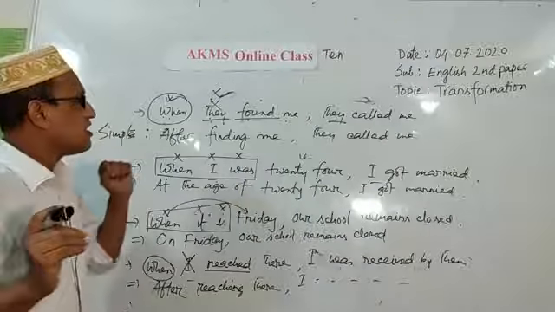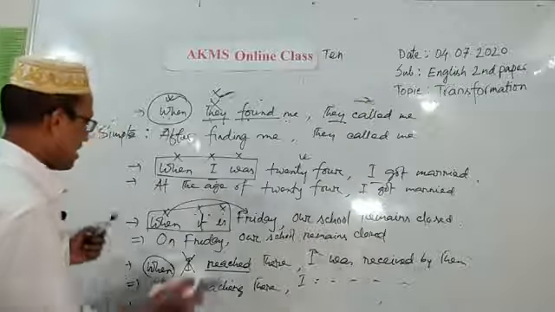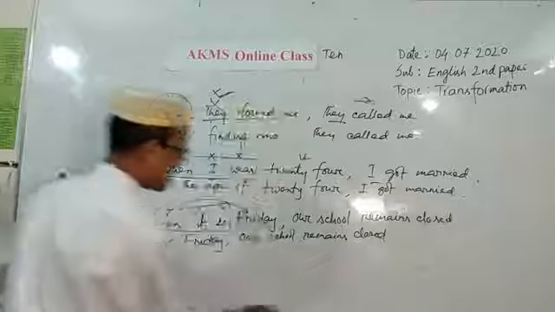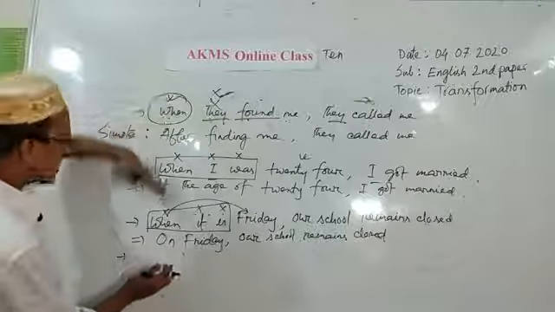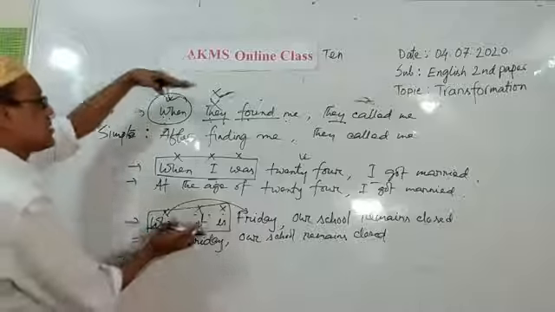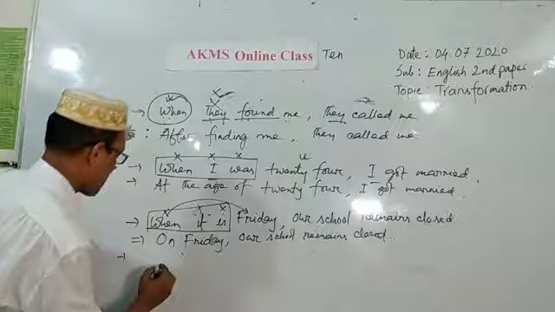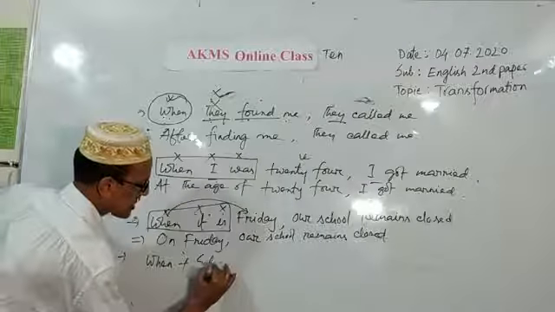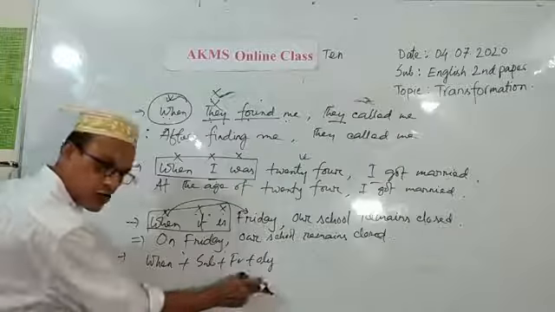Okay? Then, what have I done here? I am erasing the fourth sentence, and now I am writing the structure. All the complex sentences were combined with the conjunction "when." When plus subject plus finite verb and object, and it is the subordinate clause.